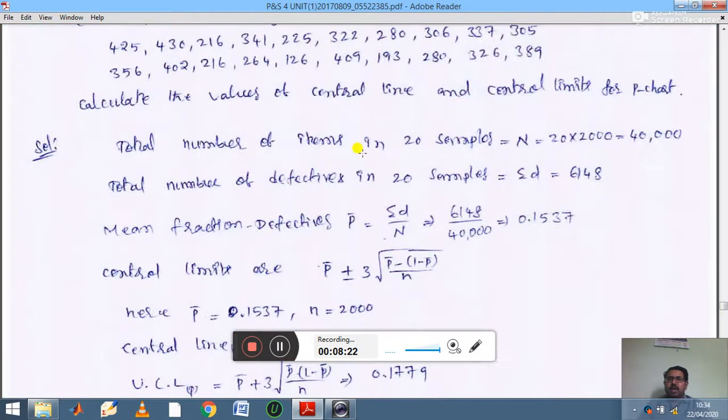Total number of items in 20 samples, capital N is equals to 20 into 2000 gives 40,000, because you need to calculate total number of items. To calculate total number of items in 20 samples, you are using this capital N, which indicates the total number.